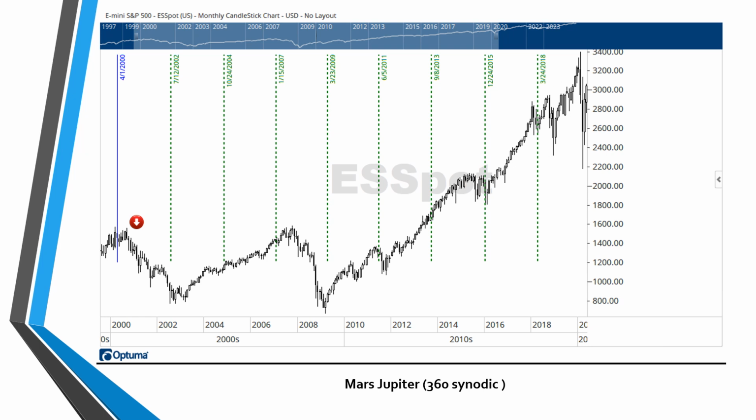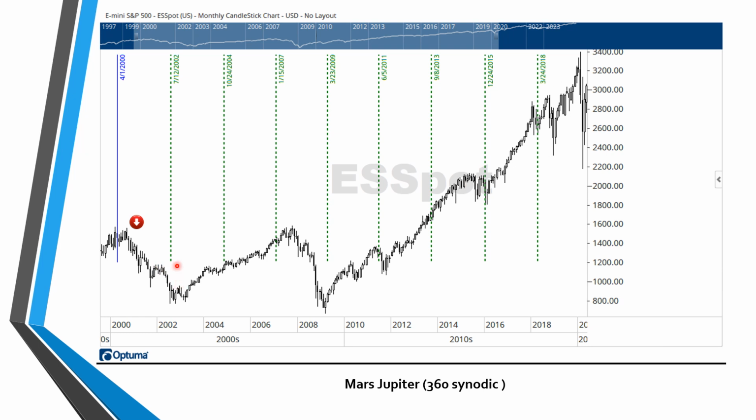Now, another one that Gann would have looked at is the Mars-Jupiter synodic cycle. So from a point in time where Mars and Jupiter were conjunct, what I've done is added times when Mars had gone one time around the zodiac to again be conjunct with Jupiter.